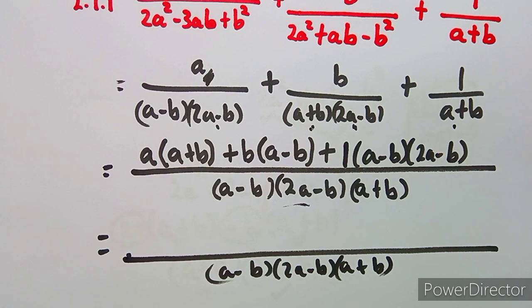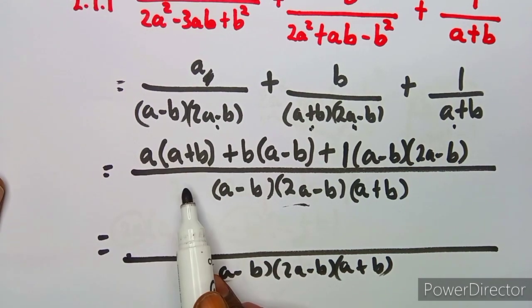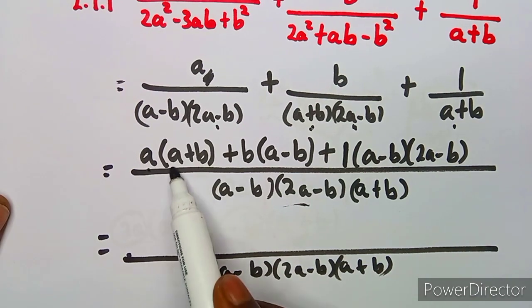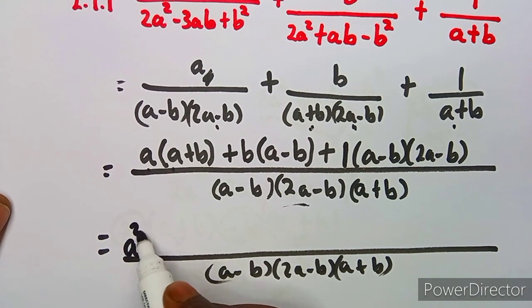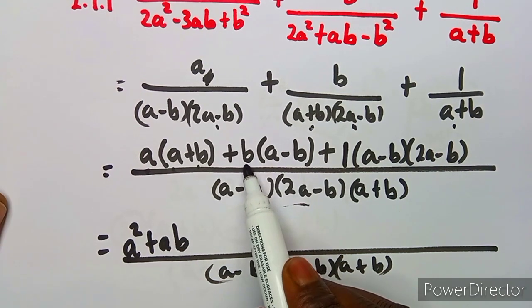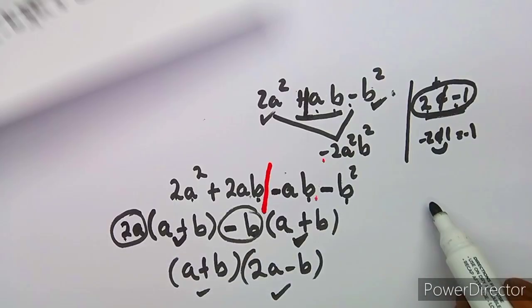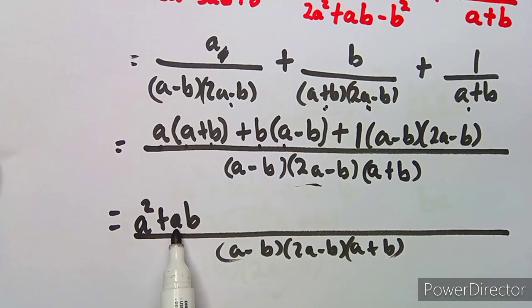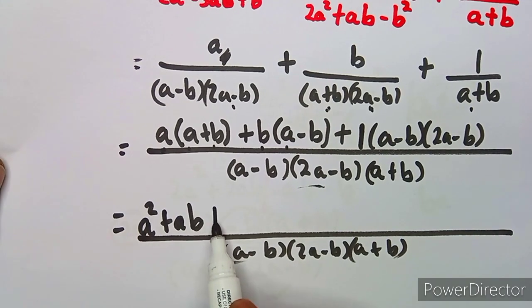All right, so what is going to happen is that, as you can see, guys, on the numerator you can actually expand the brackets and simplify further. That's a times a, which is a squared, a times b, which is ab, like that. Okay, we are done. We move on to b times a. Yes, we're supposed to write it as ba, but already we have written this as ab, so we are going to write it as ab.